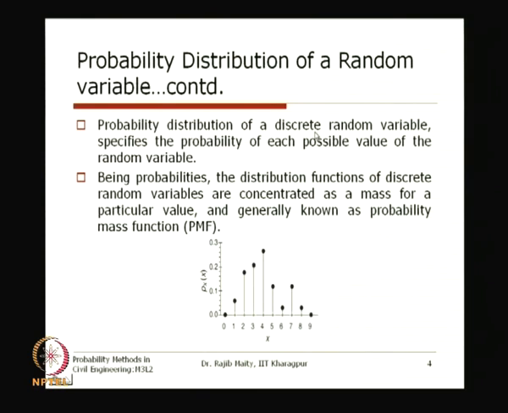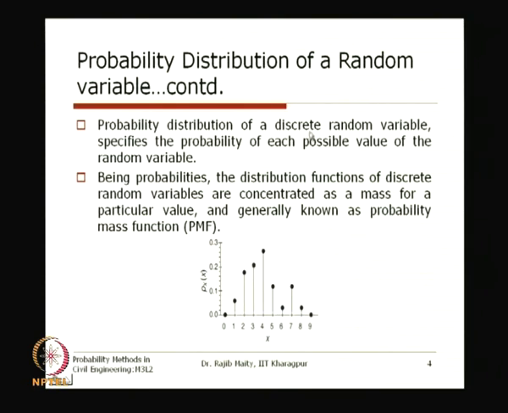It cannot take all possible values. Even though in most cases the discrete random variable takes integer values, that is only the concept. It can take any specific value, not only integers, but only those specific values. So, that is a discrete random variable.